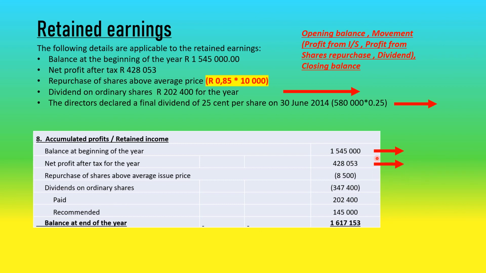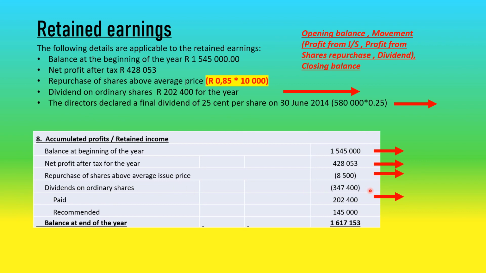Then you've got to reduce your profit with the 8,500 that you've made a loss on. Once again, it was a loss because the share was valued at 3 Rand 15 and you actually paid 4 Rand for it. So you made an 85 cents loss per share, and therefore you're going to reduce your profit with that value. Then you're also going to reduce your profit with the dividends on ordinary shares.